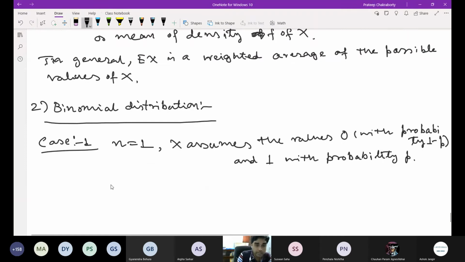So here the expectation is 0 into 1 minus p plus 1 into p, which is p.